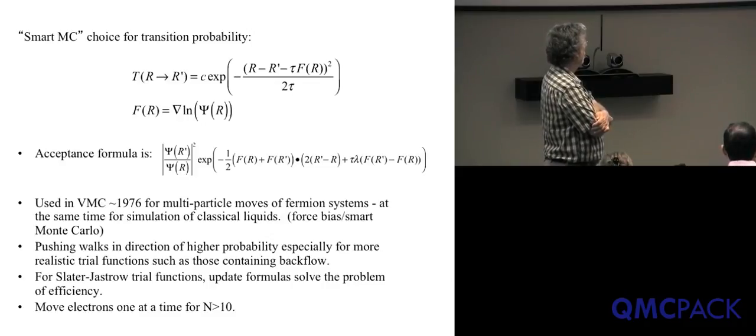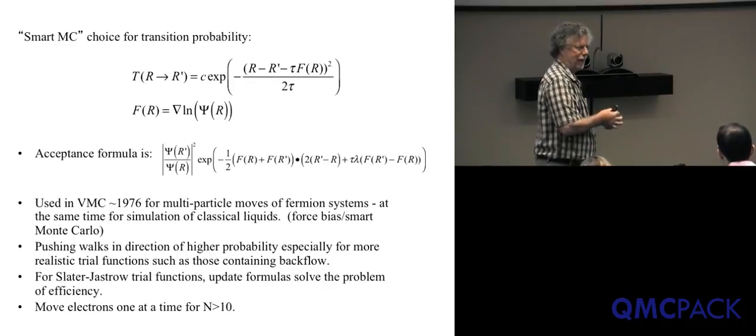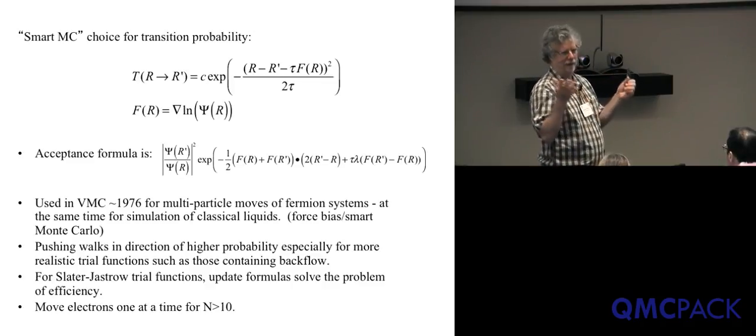So basically, this is the old position R, and this is the mean position, the most likely position of R prime would be R minus tau times F. Tau is what's called the time step. This corresponds to delta that we talked about before. What was the role of delta?